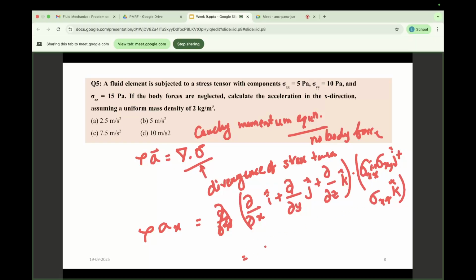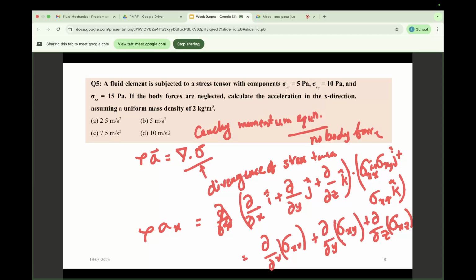If I take the dot product, what I will get is dou dou x of sigma xx plus dou dou y of sigma xy plus dou dou z of sigma xz. So this is our final formula of acceleration, right?